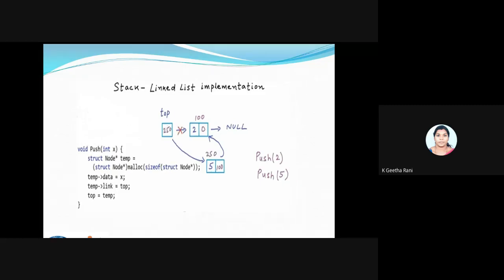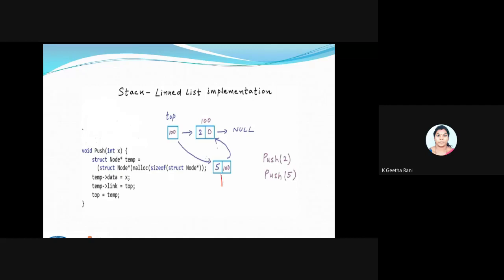This will be pointed to by a temporary pointer variable. It's going to have an address, I think 250, this particular node's address.